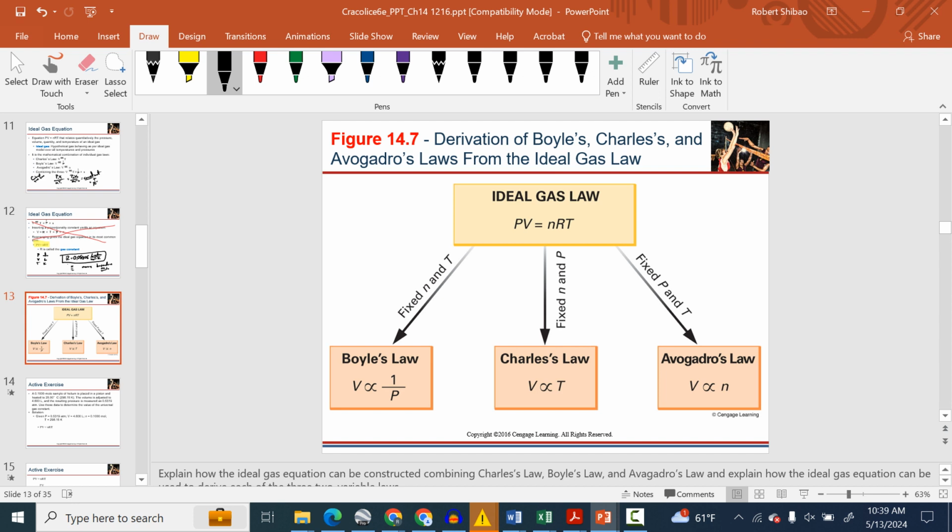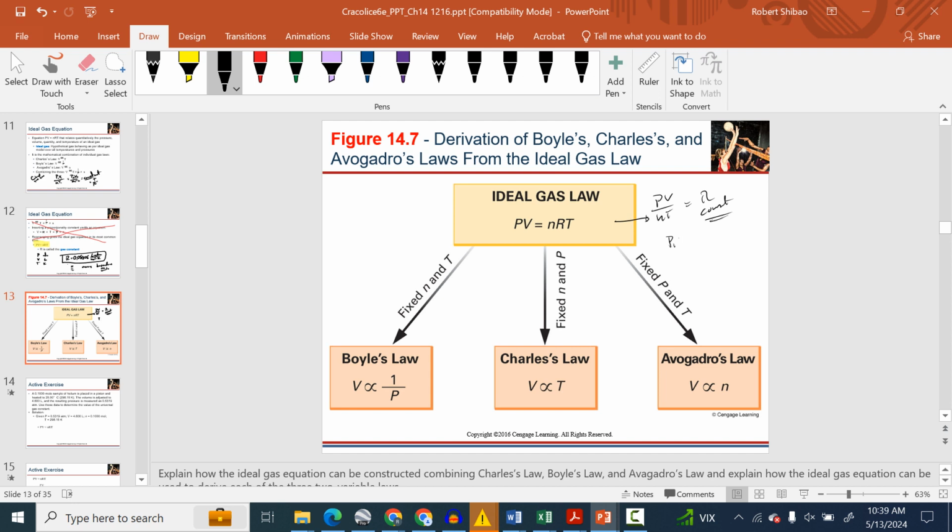We can also get the combined gas law, which is something we don't have to memorize either. We just rearrange this equation: PV over NT is equal to R. R is a constant, so no matter how we change this ratio, the ratio is always constant.